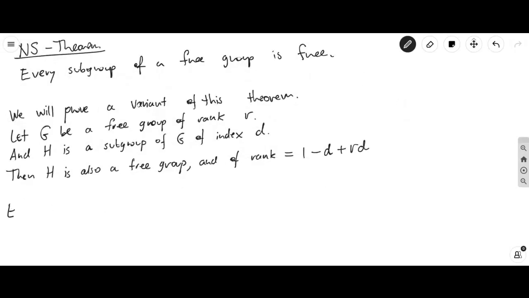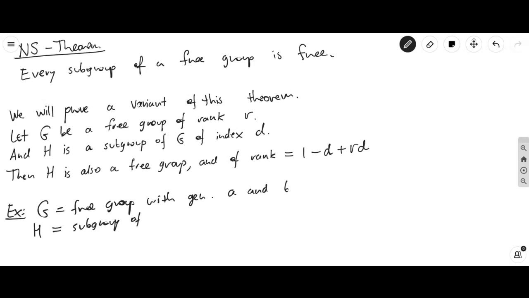But let's go back to the example again. G was the free group with generators A and B. And H was the subgroup of all even length words.